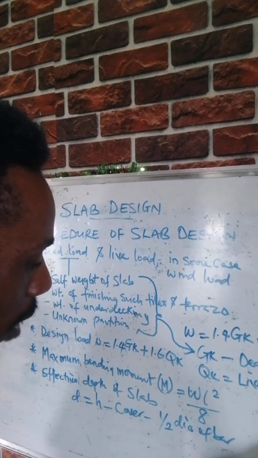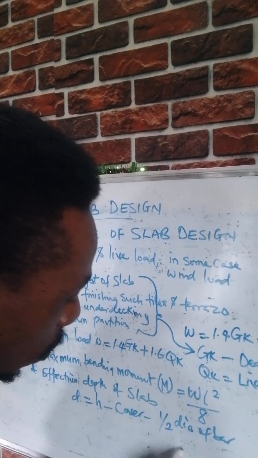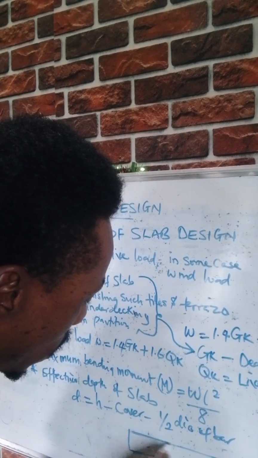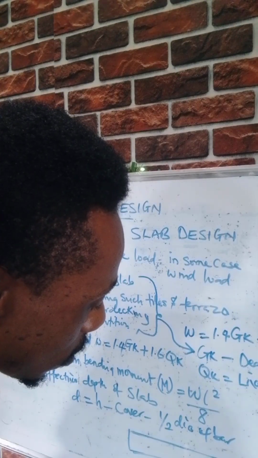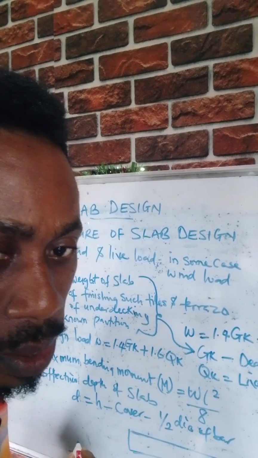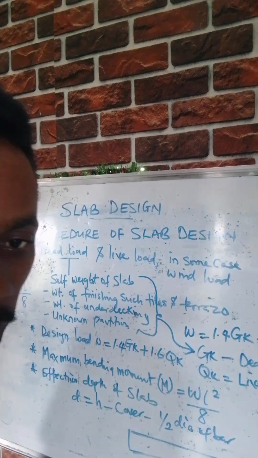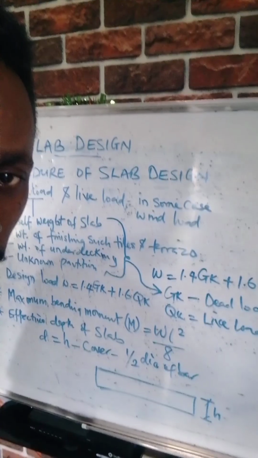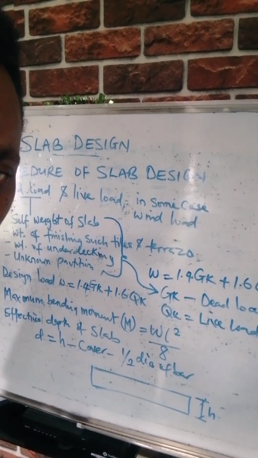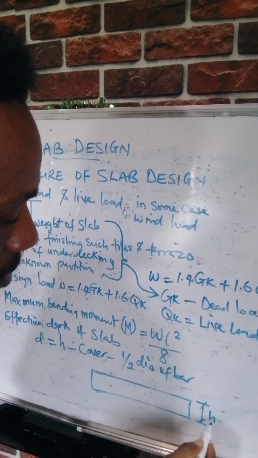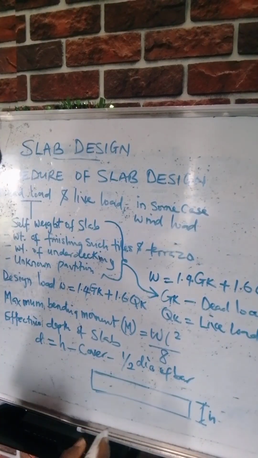All right, so for example, you have your slab in this format, then the overall height is your H. The distance between this point to this point becomes your H.